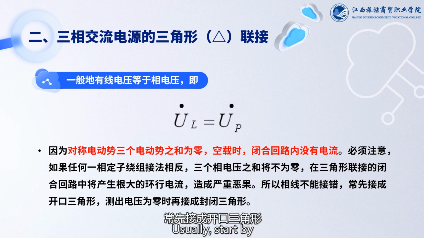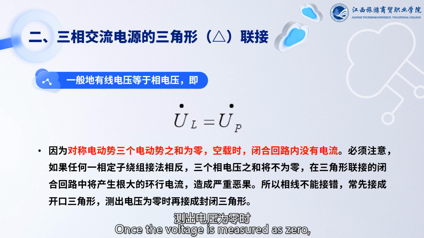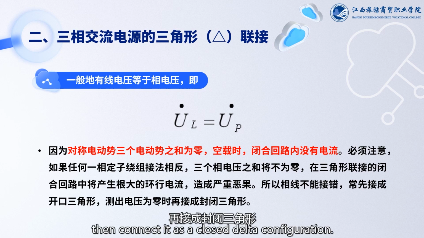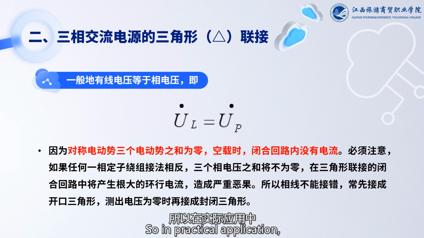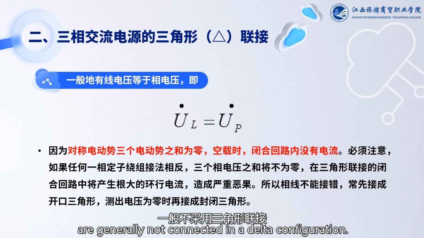Usually start by connecting it as an open delta configuration. Once the voltage is measured at zero, then connect it as a closed delta configuration. So in practical application, three-phase power supplies are generally not connected in a delta configuration.